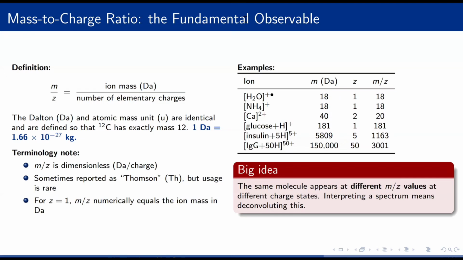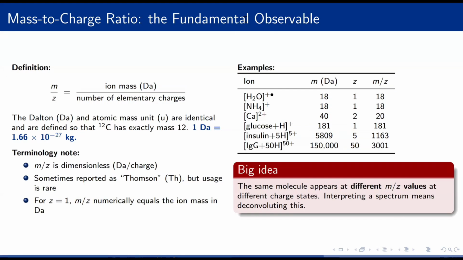Look at the examples. The water radical cation and the ammonium cation both appear at mass to charge ratio 18. They happen to share a nominal mass, but they're different species. The calcium dication has mass 40, but charge 2, so it appears at mass to charge ratio 20, mimicking a mass 20 species.